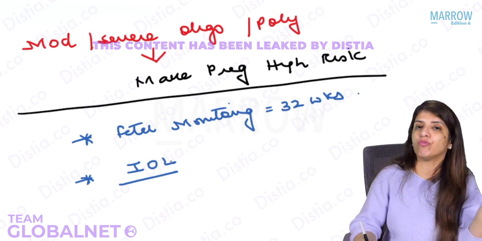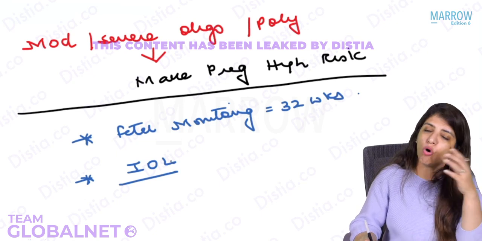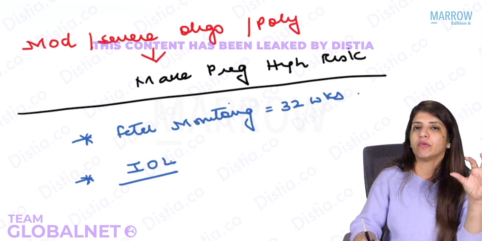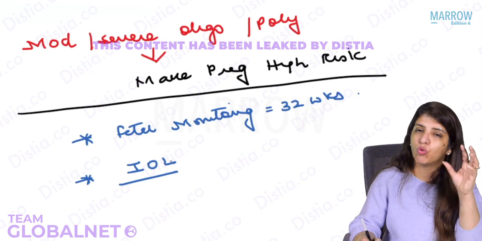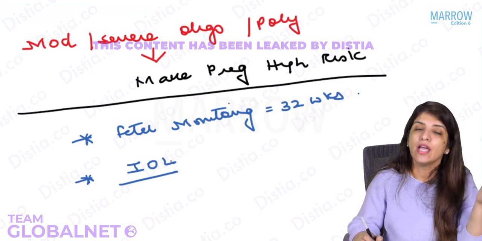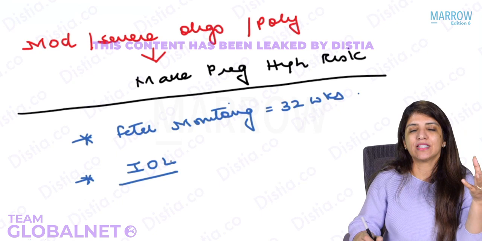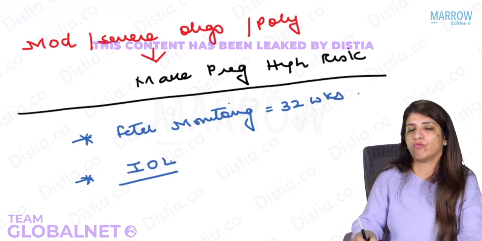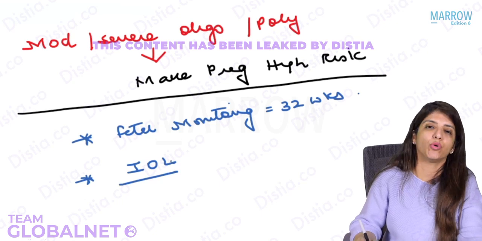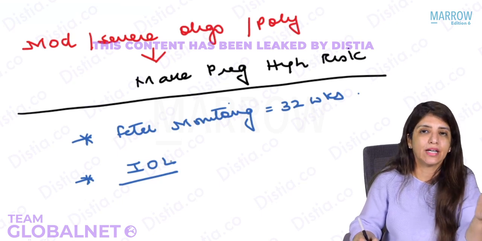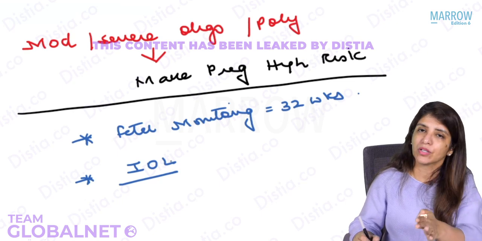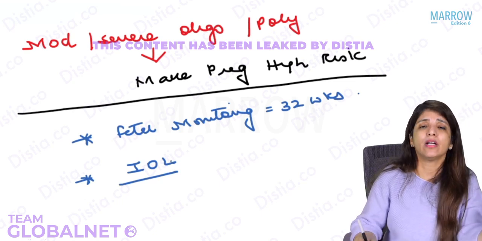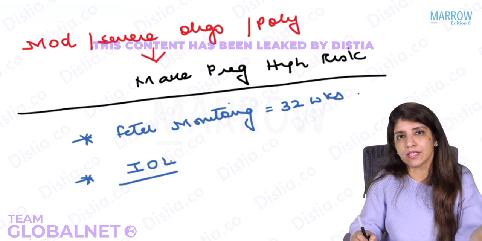What all am I going to do in fetal monitoring? I'll let you know. And in all high risk pregnancies, you will have to terminate pregnancy at a particular time. What time depends upon different conditions. So when I say you have to terminate pregnancy at a particular time, that means I'm going to initiate the process of labor at that particular time. In other words, I'm going to go for induction of labor. Right? That is a common thing about all high risk pregnancies.